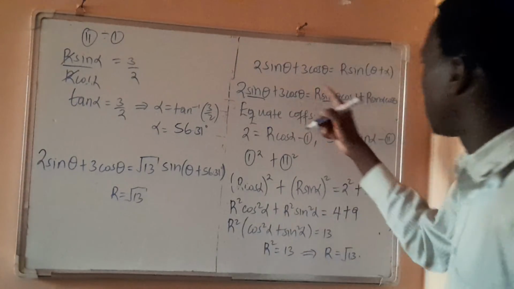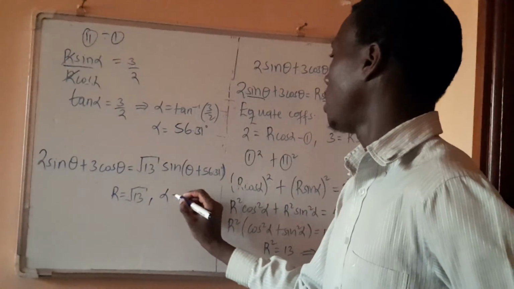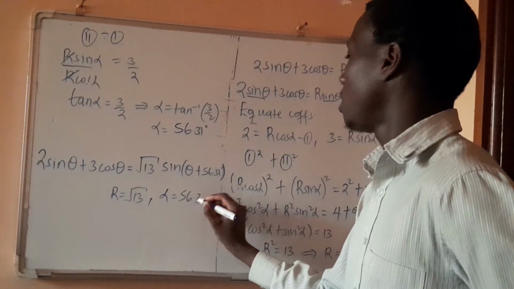So they wanted us to express this equation in this form, where r is this and alpha is 56.31.